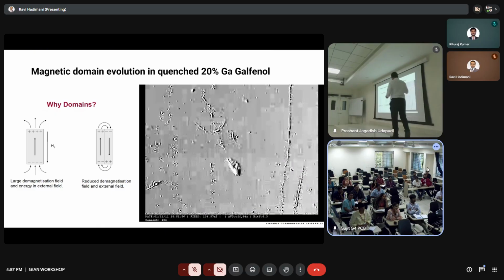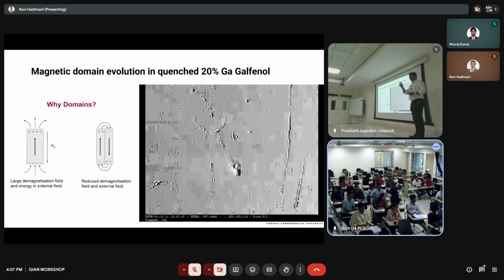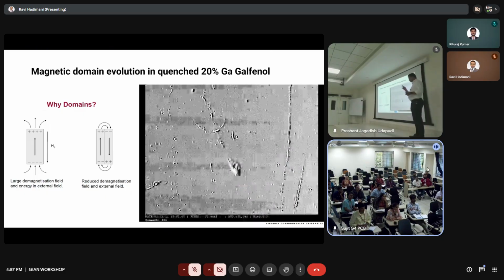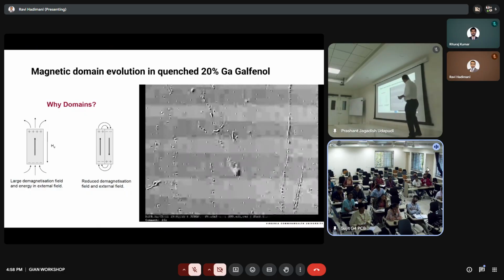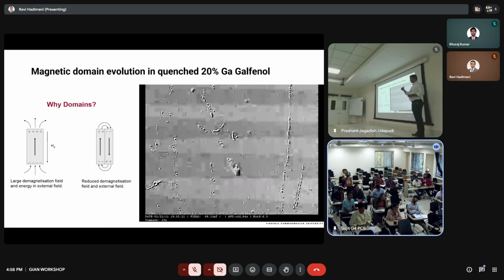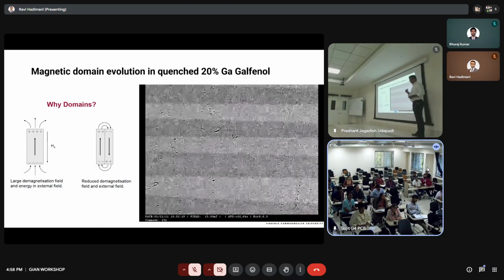And the light will respond in a different direction to different direction of the magnetic field. If the magnetic field is in one domain, in one direction, the light will have a different contrast. Not a lot of light will come back.